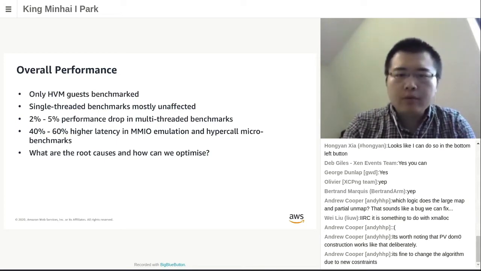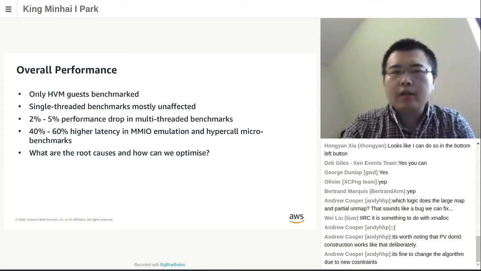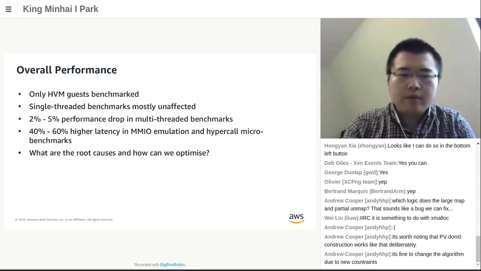But when you go to multi-threaded benchmarks, I can see a consistent 2 to 5% performance drop. And the really bad news is that for MMIO emulation, this is all for HVM guests, by the way, and hypercall micro benchmarks, I can see a latency increase of 40 to 60%. OK, so we definitely need to address these problems.